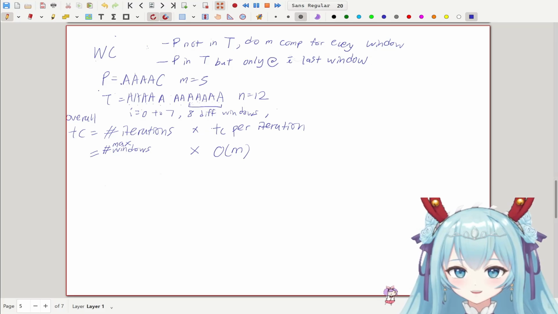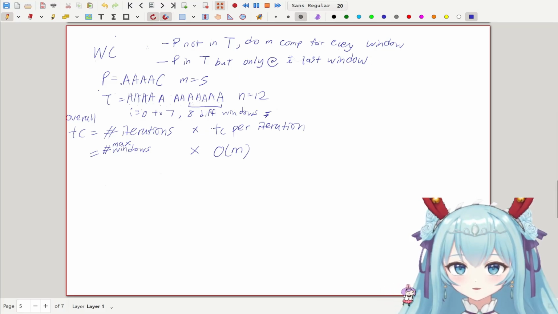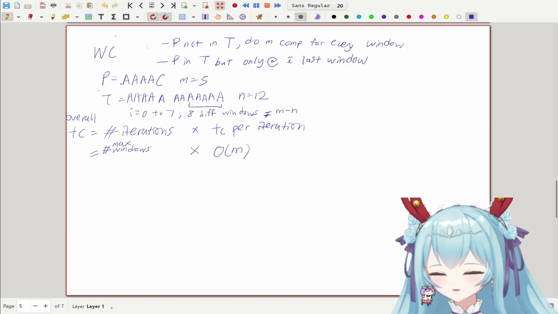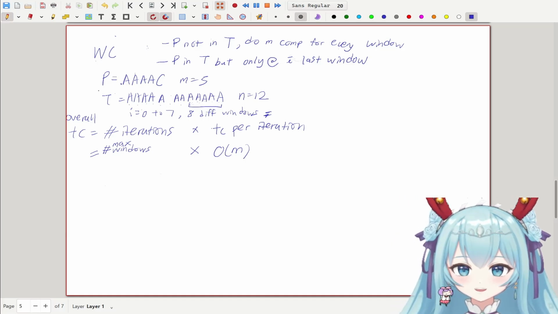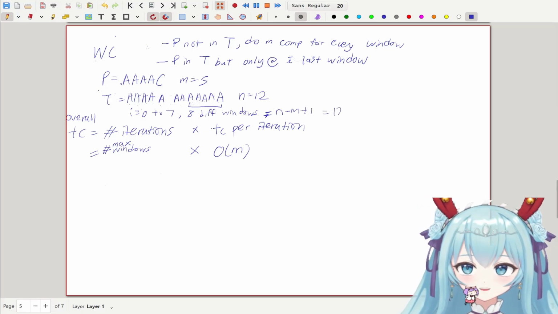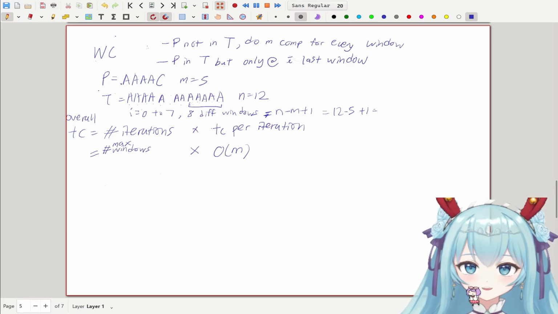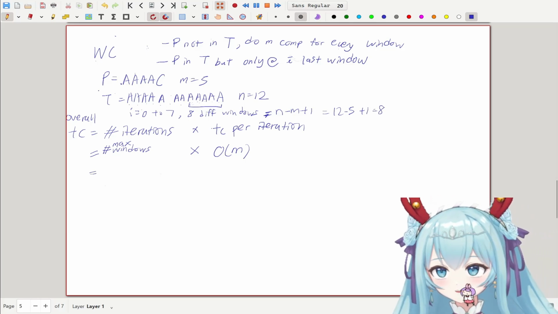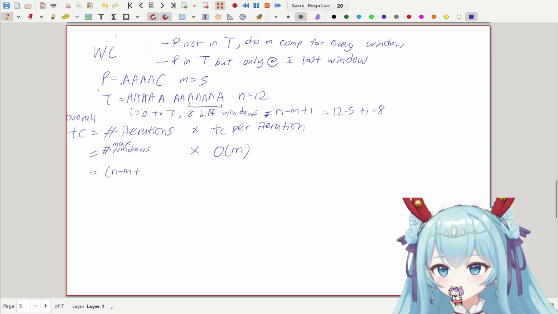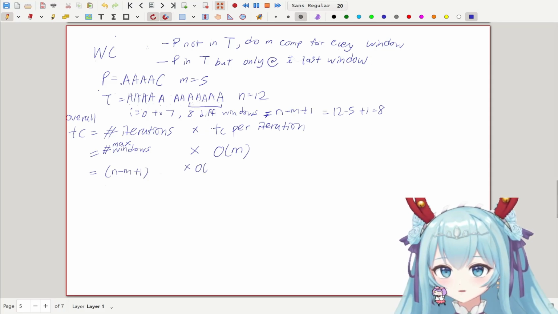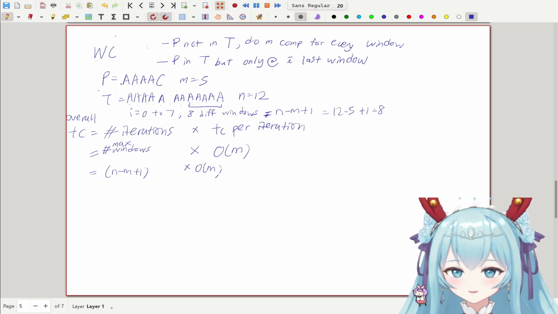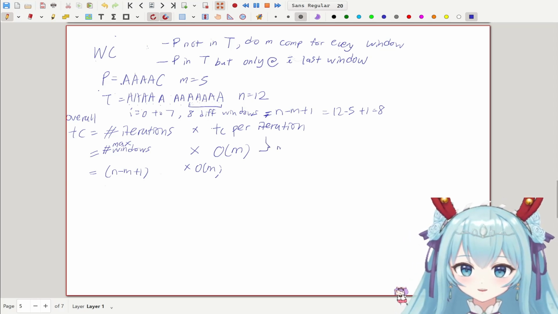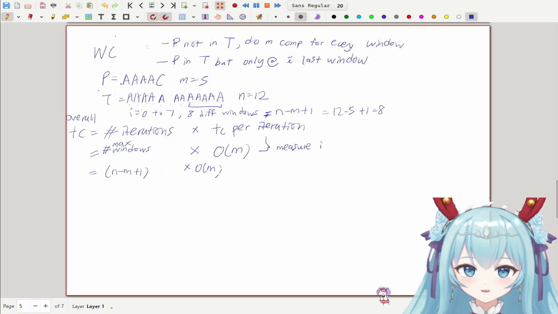which is actually equal to N minus M plus 1. In this case it is 12 minus 5 plus 1 equals 8, which is why it is N minus M plus 1 times O of M. Remember, this is because we measure in terms of the number of comparisons.